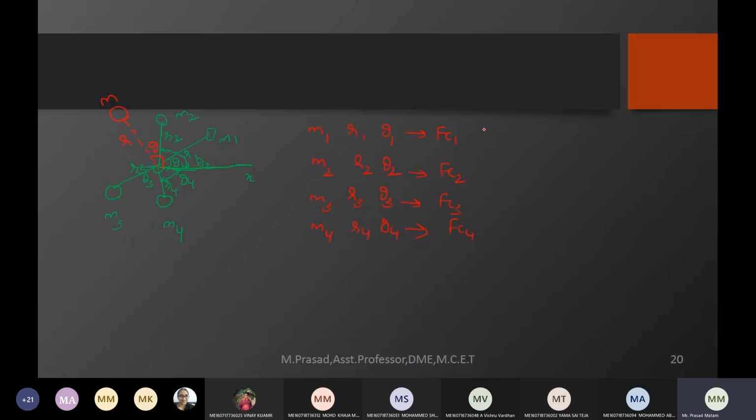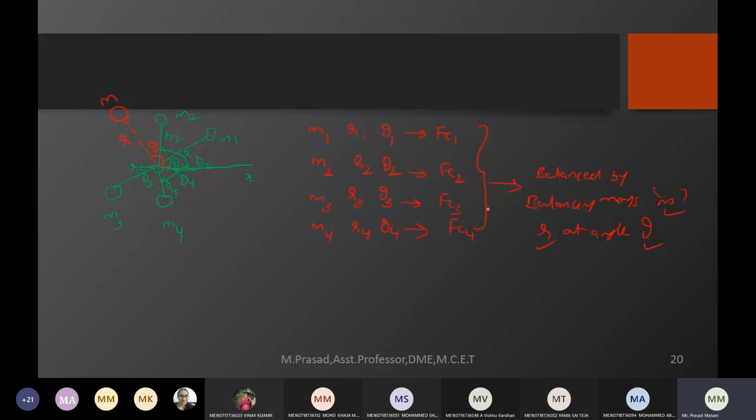These four disturbance masses are being balanced by the balancing mass M at radius R, located at an angle theta with respect to the x-axis. So now my aim is to find what is the M value, what is the R value, and what is the theta value.